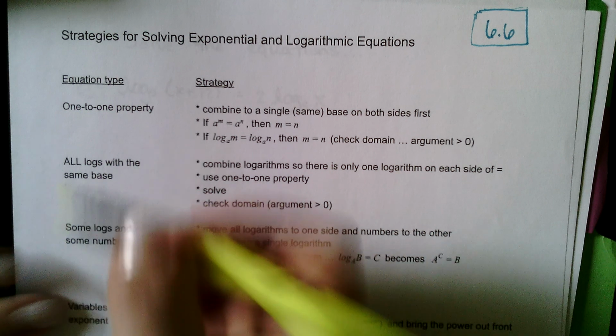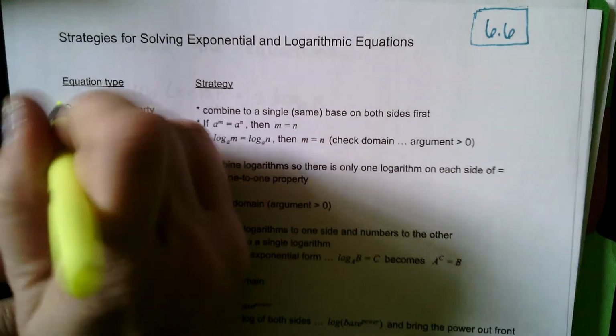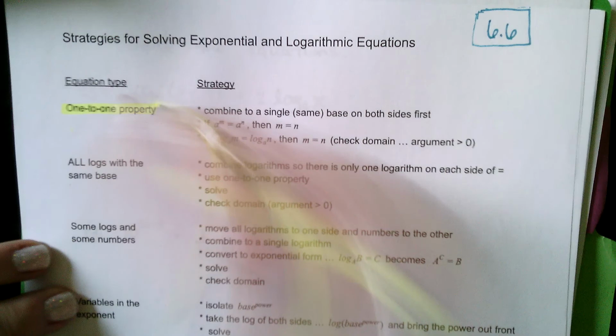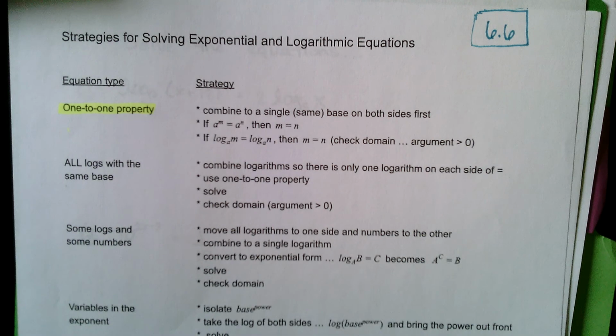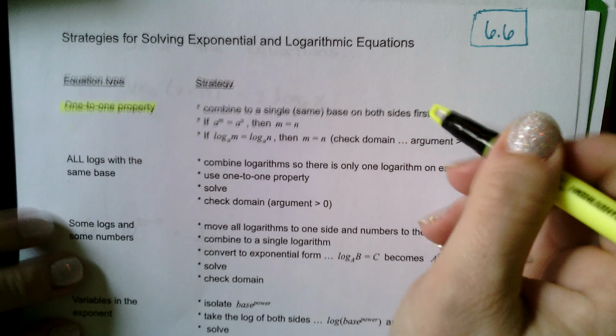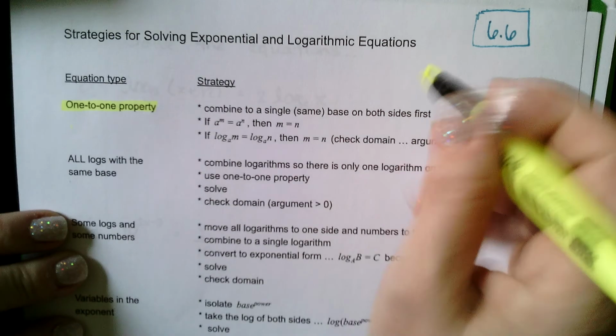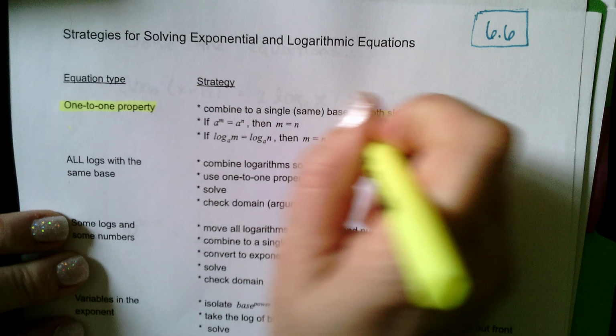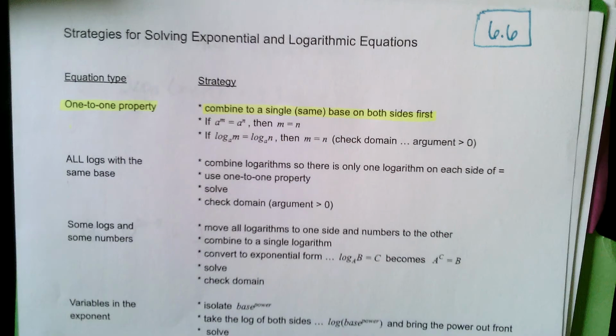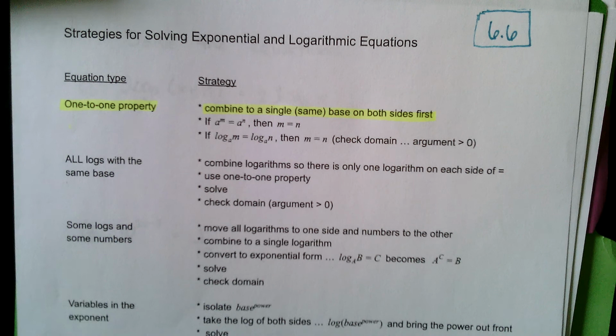So the first type is a one-to-one property. I'm going to be doing a whole lot of highlighting. So if you don't want to highlight everything, that's fine. Of course, it's always your notes. The strategy when we have a one-to-one property is that we first have to combine so that we have a single same base on both sides or a single same log on both sides.